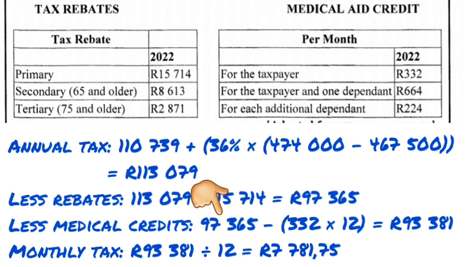So 97,365 minus open bracket 332 times 12, or you could have done the 332 times 12 on the side and just minus that total amount there. Either way, it will give you 93,381. Now that's his annual tax. Then to get monthly tax, you simply divide it by 12, and per month he pays tax of 7,781 rand and 75 cents.